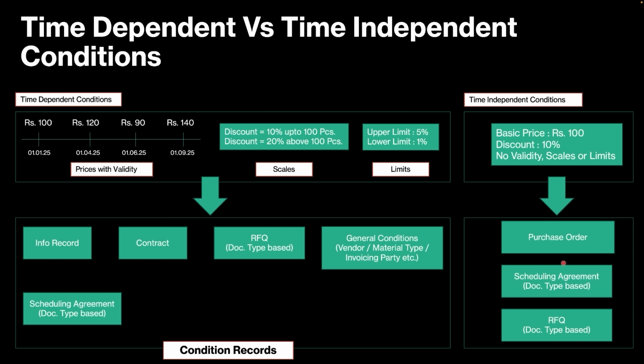Okay, but you can create a purchase order through all these documents which basically hold the time dependent conditions. So when you create a purchase order, you can refer to these time dependent conditions, and based on the date of purchase order, the system will pick the appropriate prices from these documents. But once you create the purchase order, the prices in that purchase order will always be time independent.